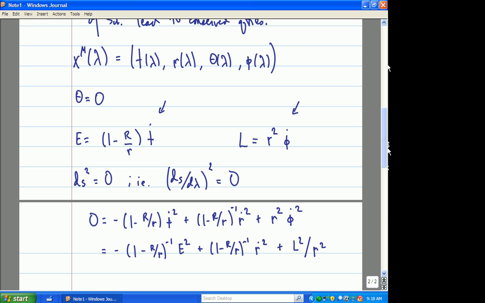There's a 0 on the left-hand side instead of a 1. That's the only difference. But it will lead to rather different physics when we study null geodesics than it did for time-like geodesics.